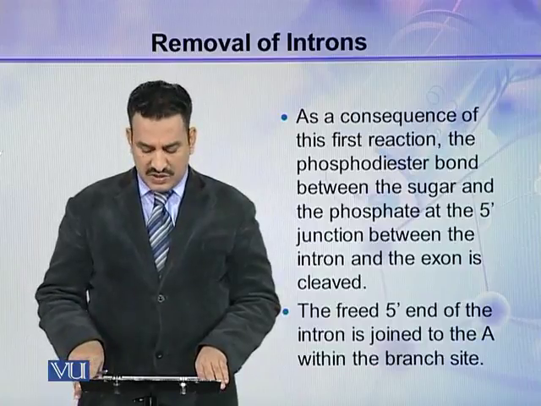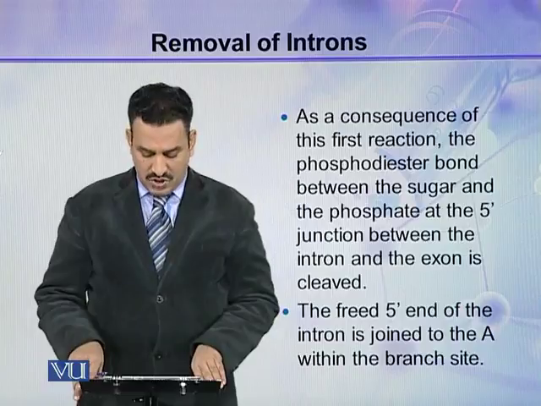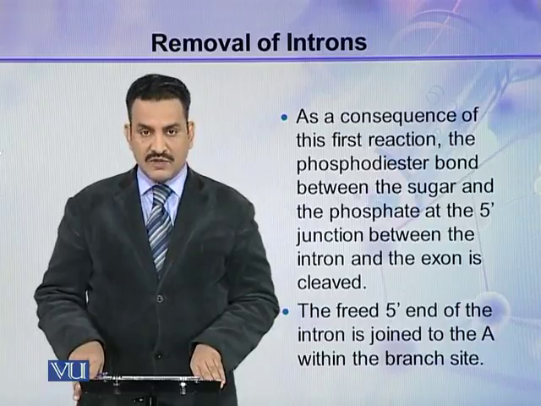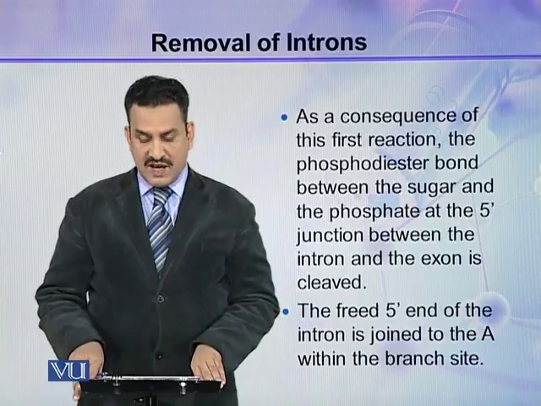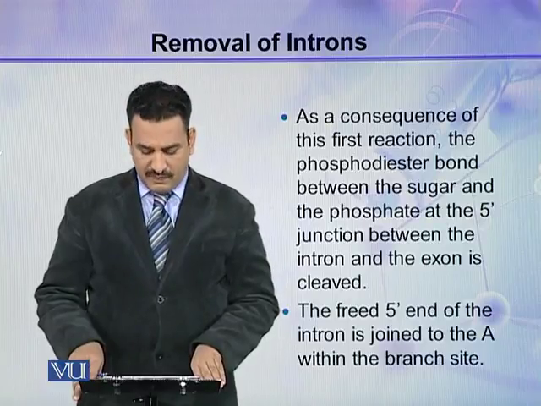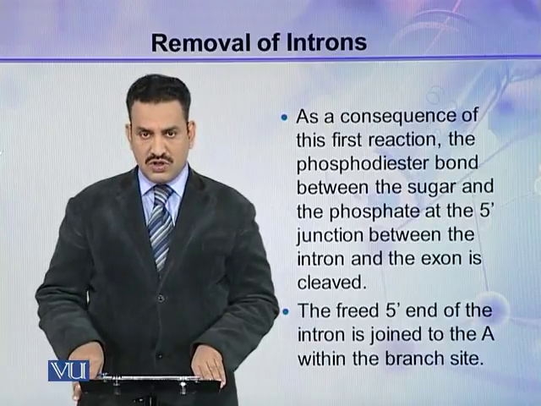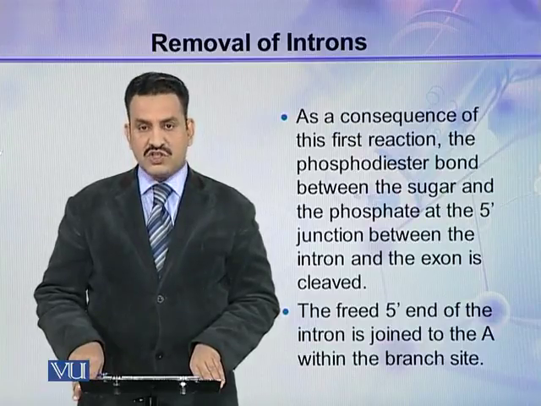As a consequence of this first reaction, the phosphodiester bond between the sugar and the phosphate at the 5' junction between the intron and exon is cleaved. The freed 5' end of the intron is joined to the A within the branch site.